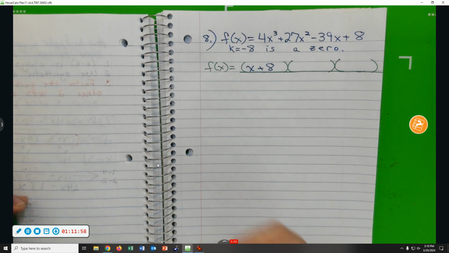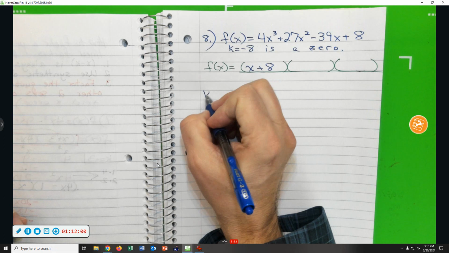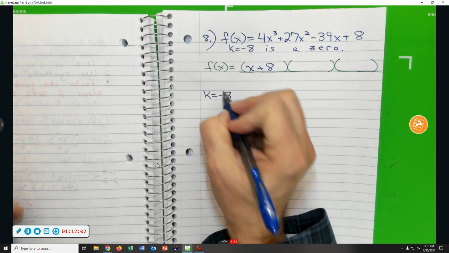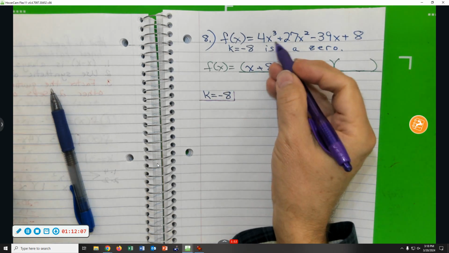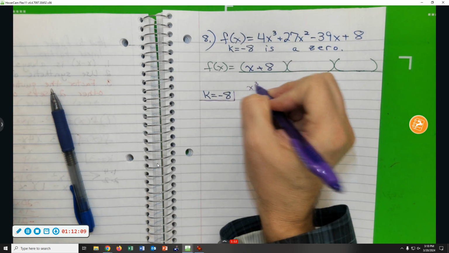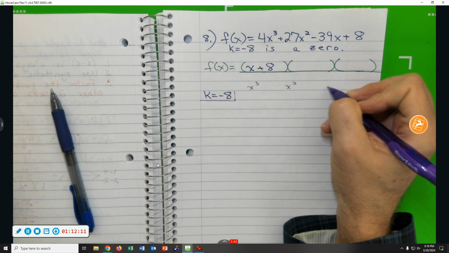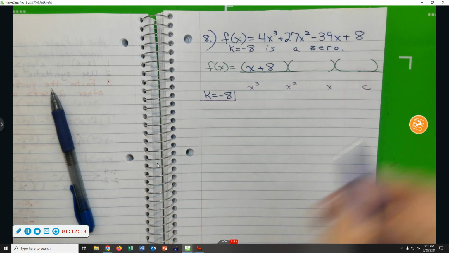Here we go with our synthetic division. k equals -8. And we have an x cubed, an x squared, an x, and a constant.